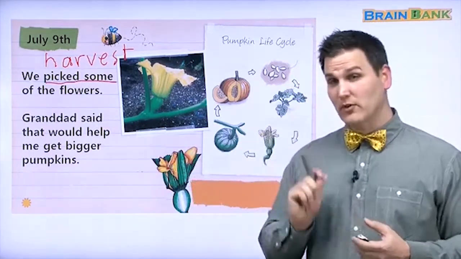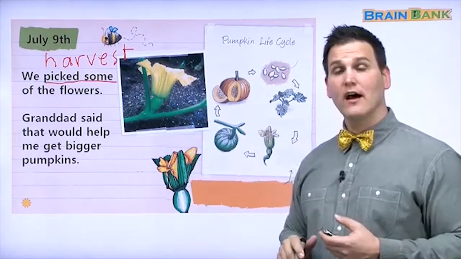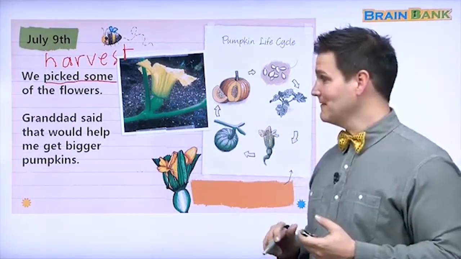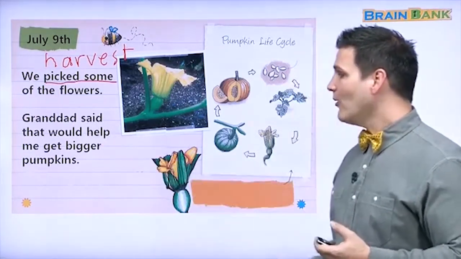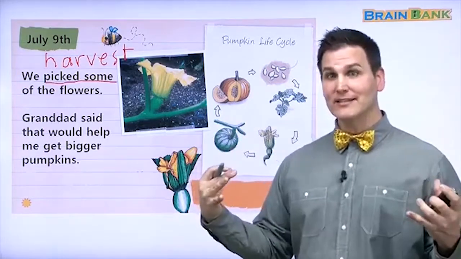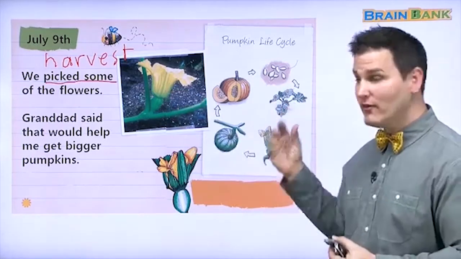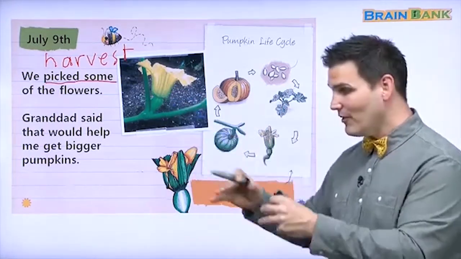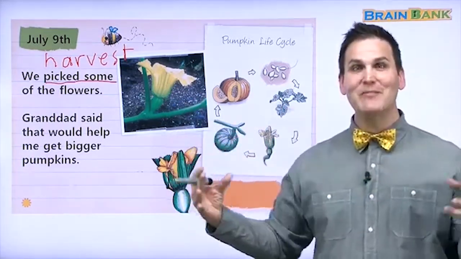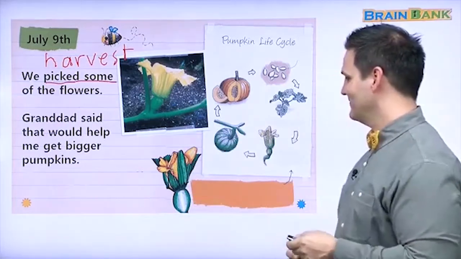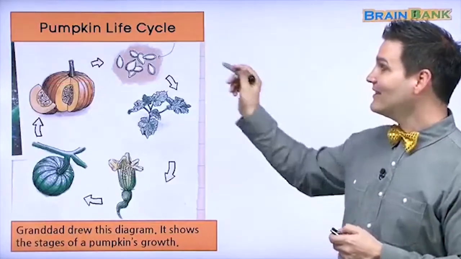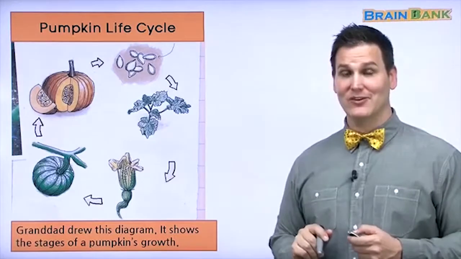Granddad, or remember the Korean word for granddad? Harabarji, said that would help me get bigger pumpkins. So the little girl takes the flowers off, and maybe now the pumpkin will get bigger and bigger. Let's look at the pumpkin life cycle.